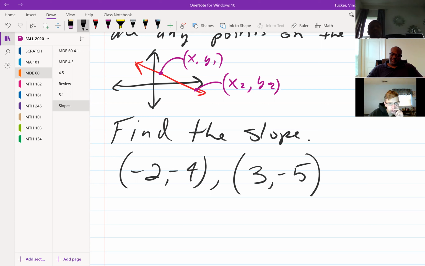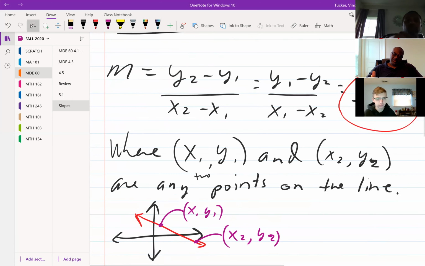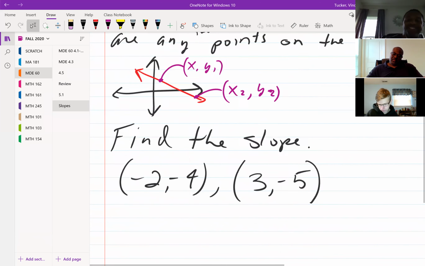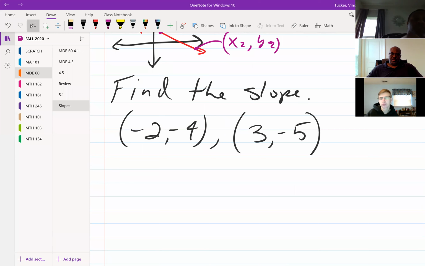All right, so let's say we had the 2 points, -2, -4, and then 3, -5, and they asked us to find the slope. Going back to our relationship, I'm going to do it this way first, then this way second, just to show you that both ways will work as long as you stay consistent in your substitution.